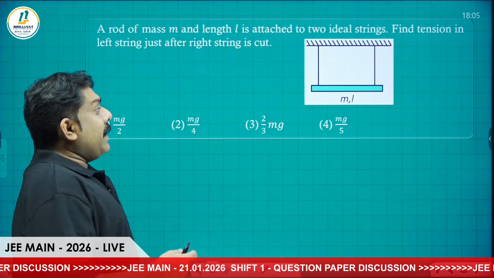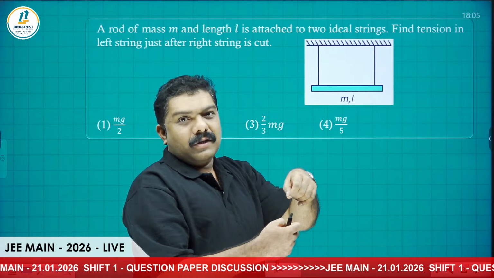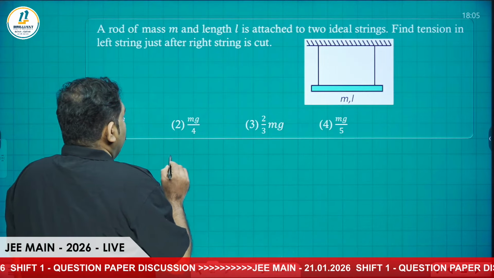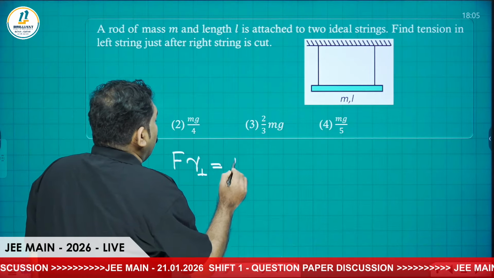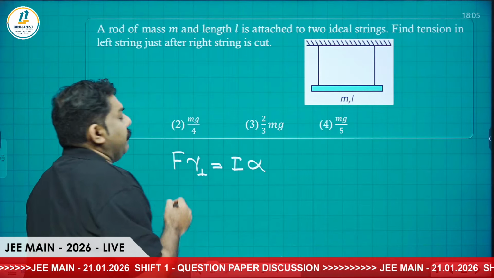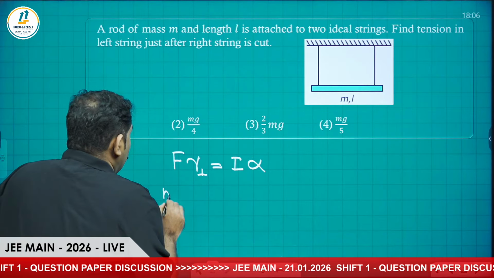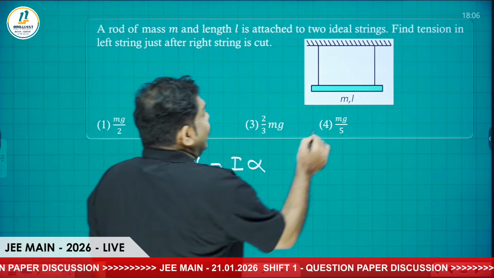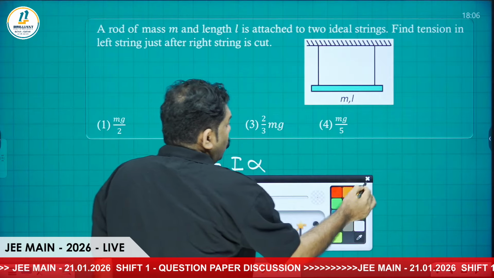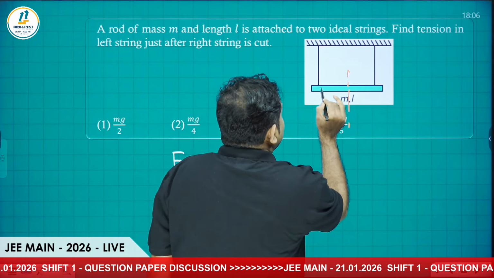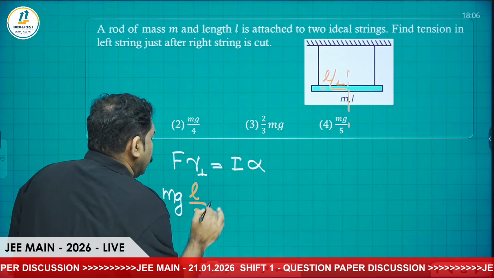First of all, when this string is cut, there will be a torque, so we calculate that first. We know the equation for torque: F into R perpendicular is equal to I alpha, where alpha is angular acceleration. Here F is mg, and it is rotating about an axis at the center of the rod, so the perpendicular distance is L by 2.